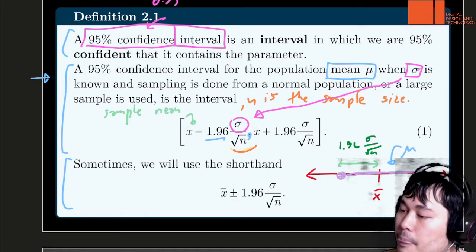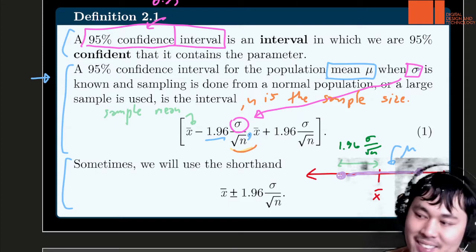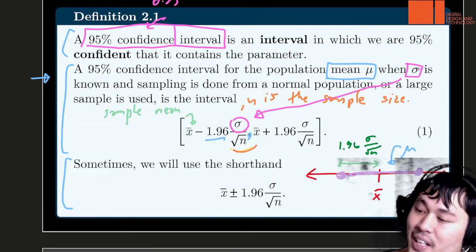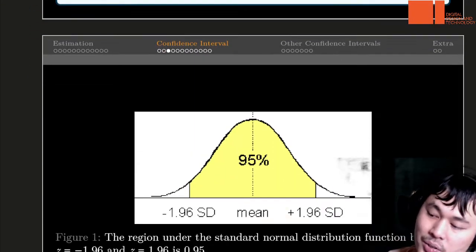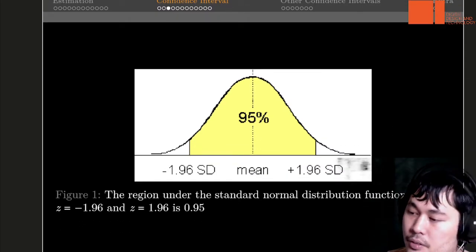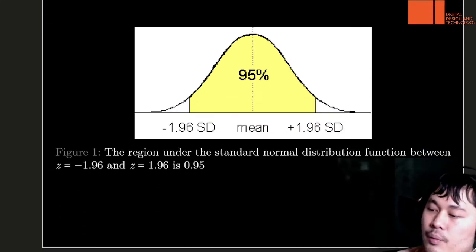And some quick justification on why we have this kind of interval: if we go back to the normal distribution, we have this curve.